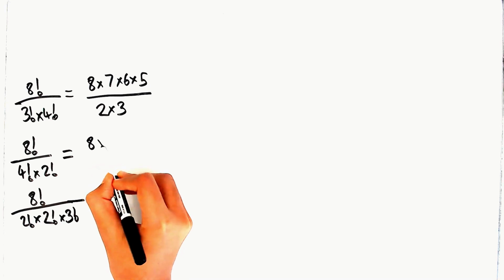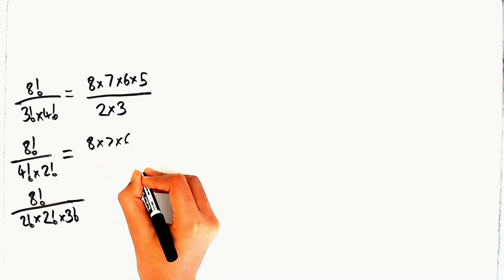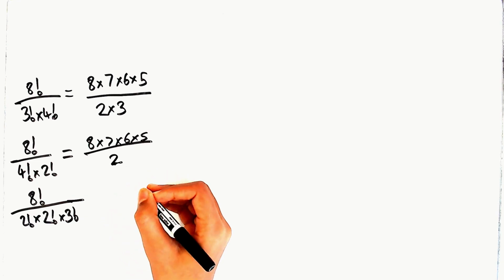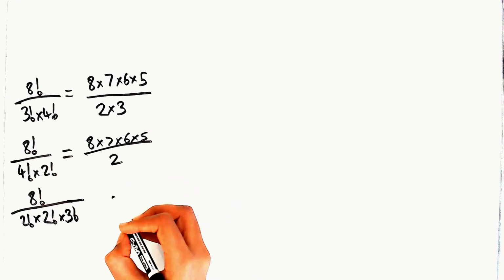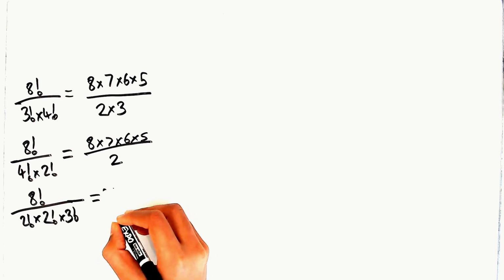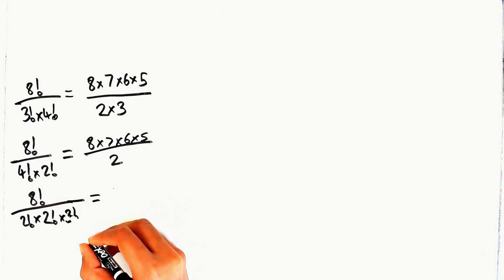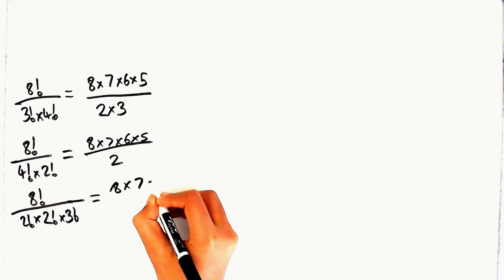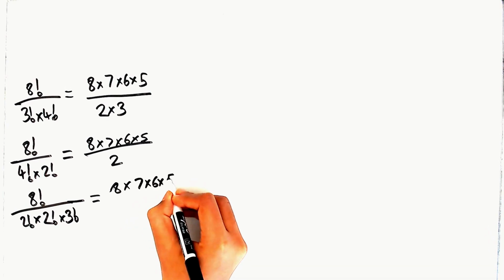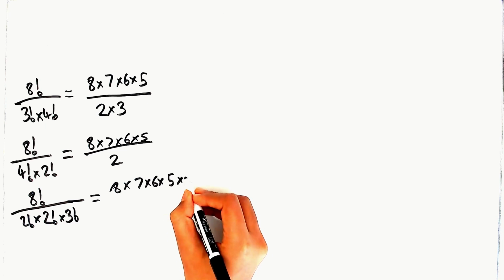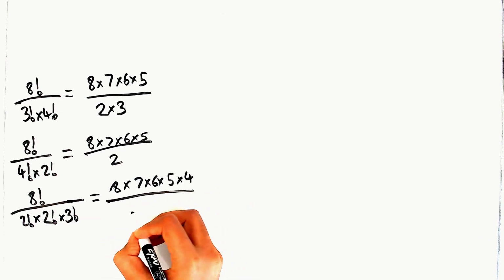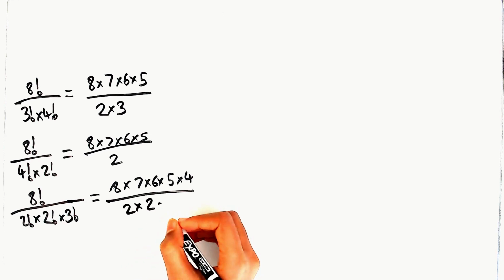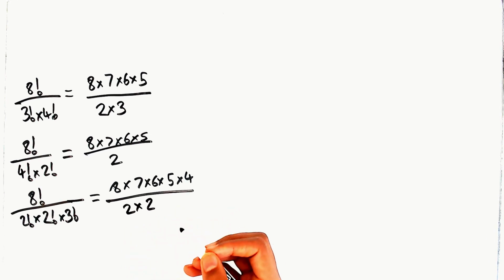So it'd come out 8 times 7 times 6 times 5, divided by, and we have a 2 factorial left, which is technically 2. Now, the highest number we have is 3 factorial. So that means we still have 8 times 7 times 6 times 5 times 4, divided by 2 times 2, because 2 factorial times 2 factorial is technically 2 times 2.